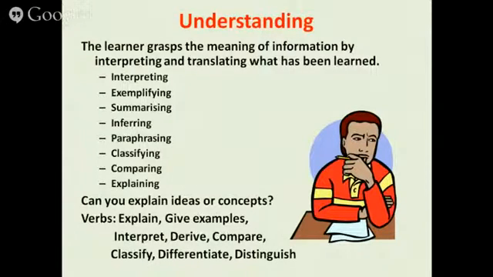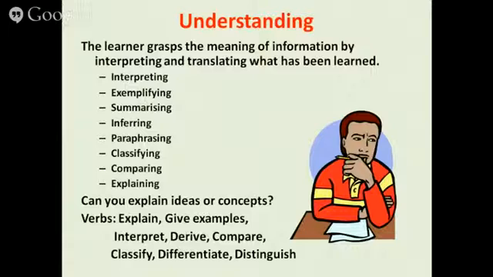A person is able to interpret the given diagram, interpret the data. The person has the capability to give examples, and the person is able to paraphrase, infer, classify, compare, and explain.